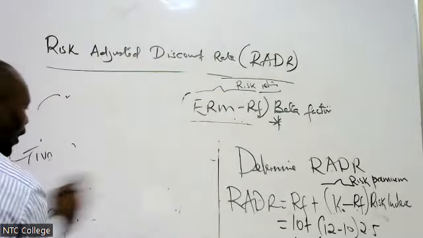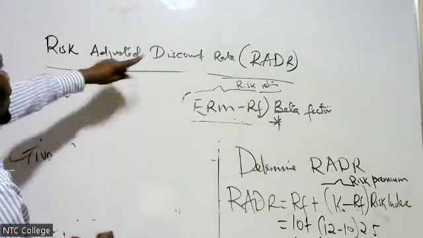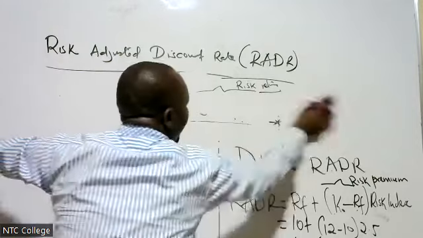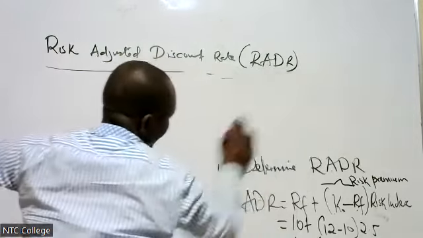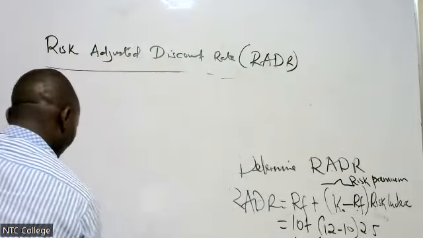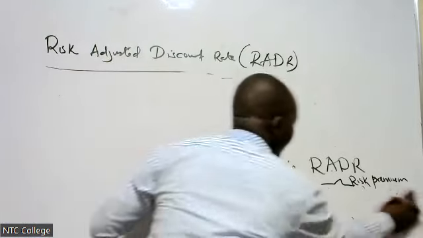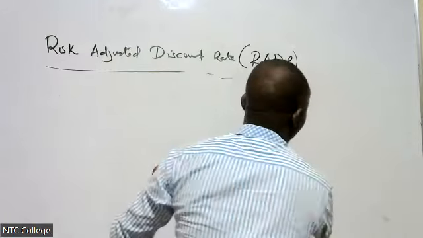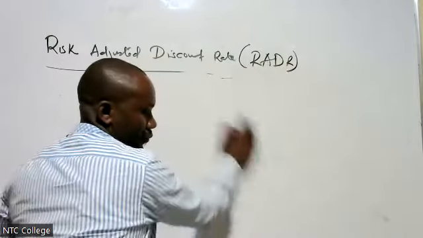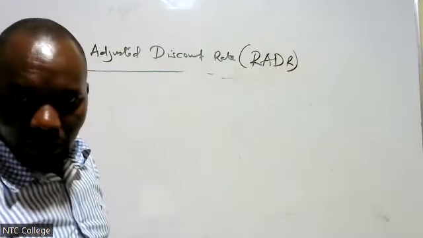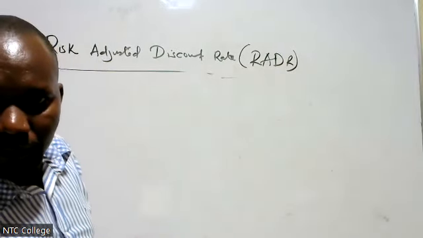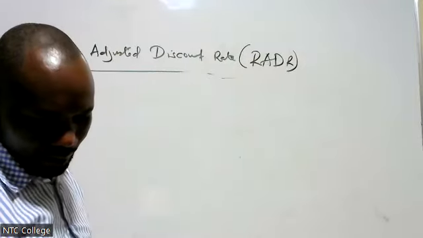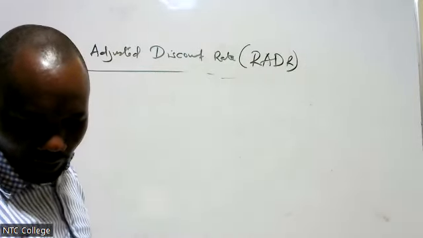So you have seen how you can adjust the discount rate to have some risk element on it. I want you now to look at this illustration.